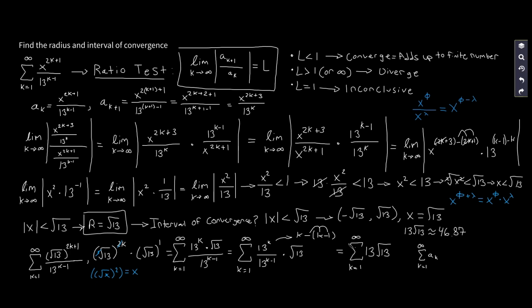But we could just look at this and say, okay, this limit is going to be infinity. So in our specific problem, we simplified our a sub k, and a sub k is 13 times root 13. Well, let me see. I could write out a quick test here.